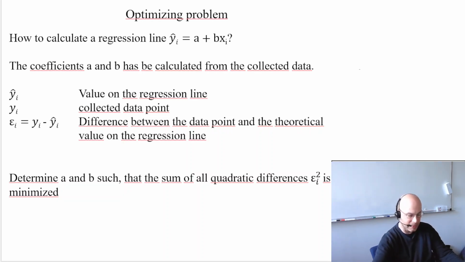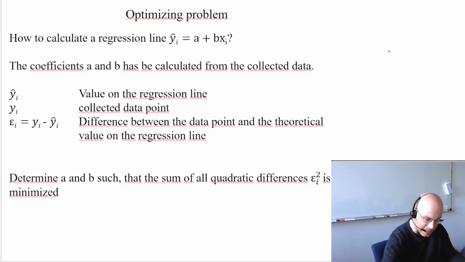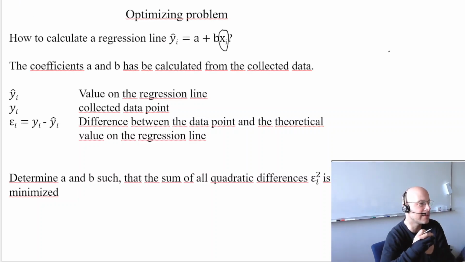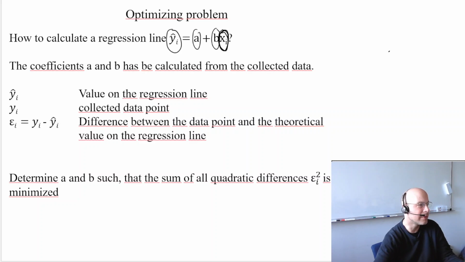And for this, we make this assumption that given our independent data point of x, we want to find, so to speak, good numbers for a and b in order to estimate from this independent variable some theoretical value for our dependent variable y.